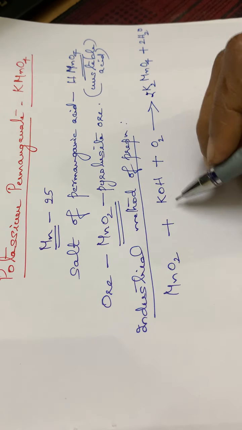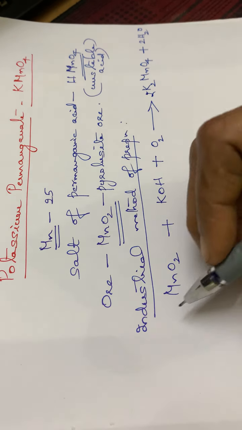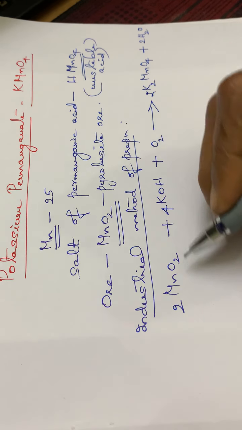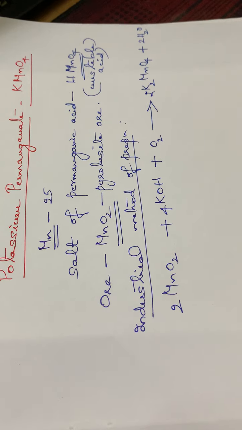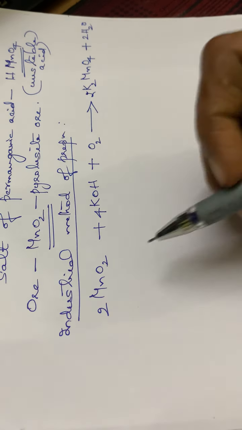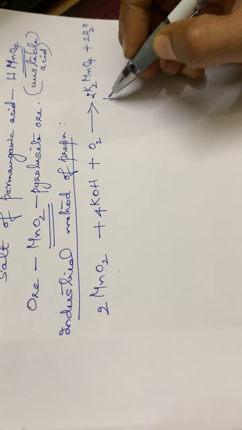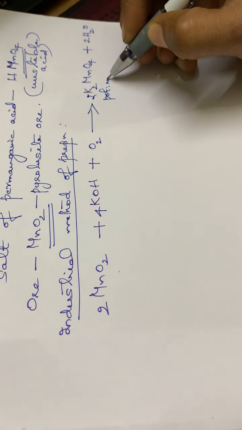Here it is 2 MnO2 and 4 KOH, so the equation is balanced.